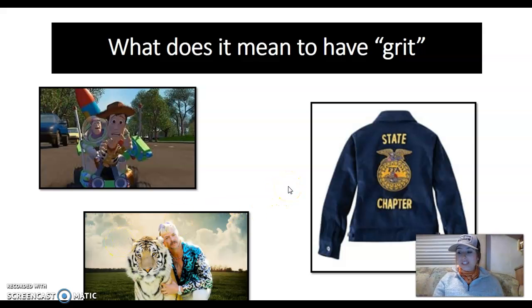But on a more serious note, let's look at this right over here. This is the FFA jacket. And I think we can all agree that just when we put this jacket on, that is the true meaning of grit. It shows passion, perseverance, and courage.